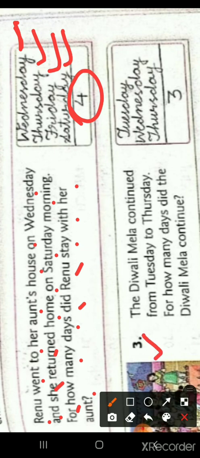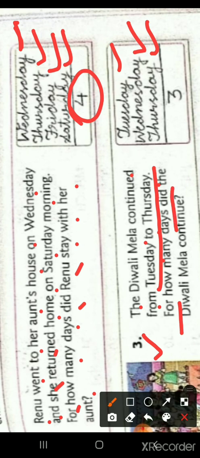Number 3 question, you can see, students: the Diwali Mela continued from Tuesday to Thursday. It means from Tuesday you have to start writing the days' names: Tuesday, Wednesday and Thursday. The question is, for how many days did the Diwali Mela continue?